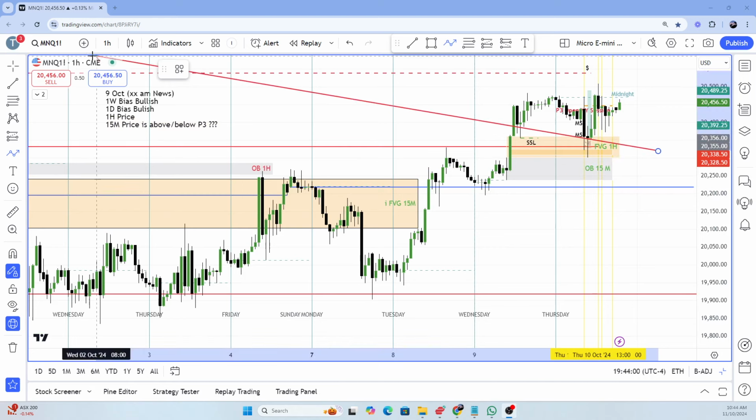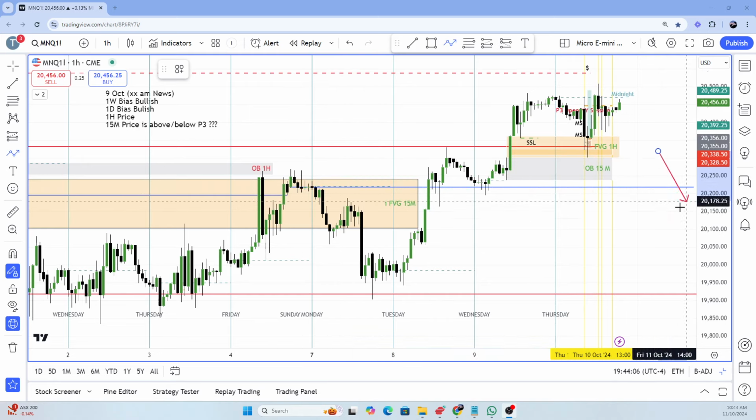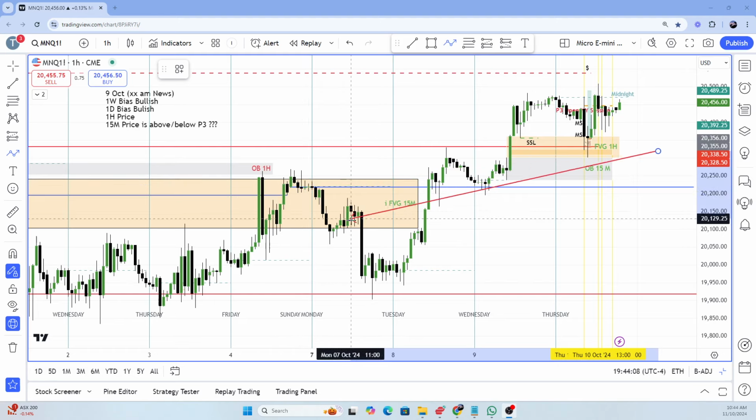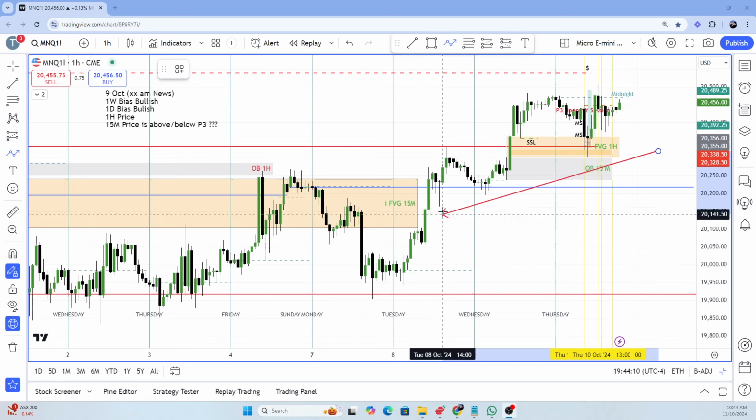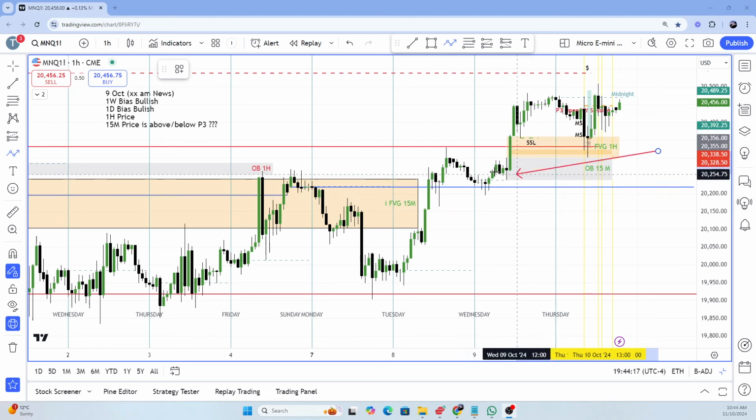Okay, so now we are in the 1 hour chart, and we can see the weekly price movement starting from Monday. The price has gone down during the initial few days of the week, and now the price is above the midweek range.